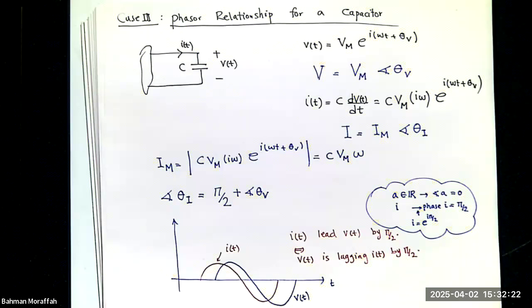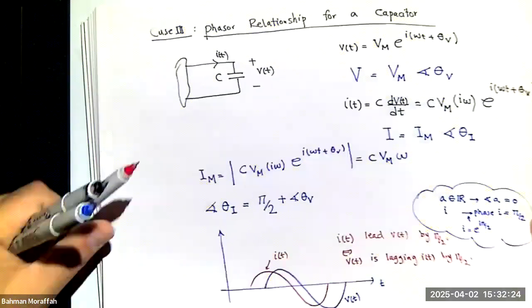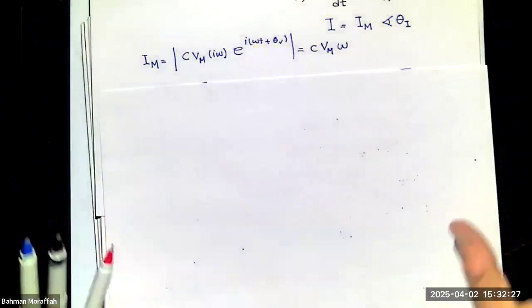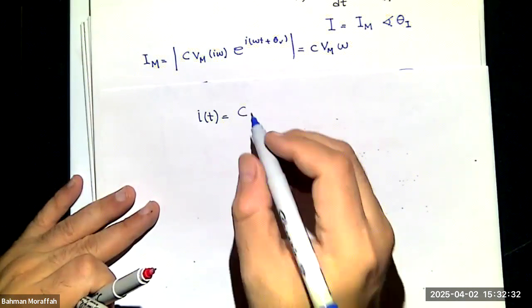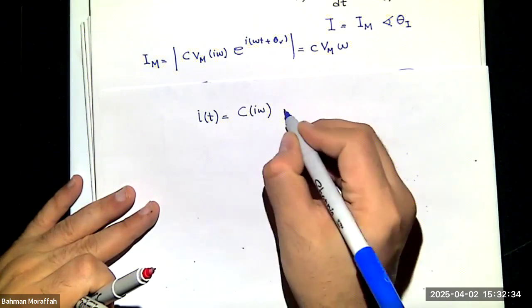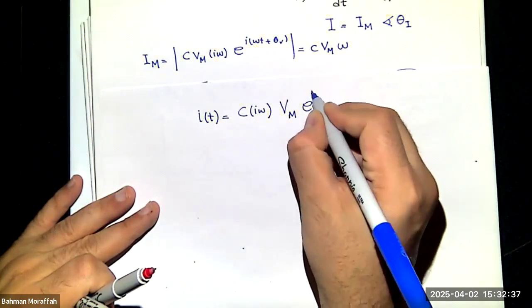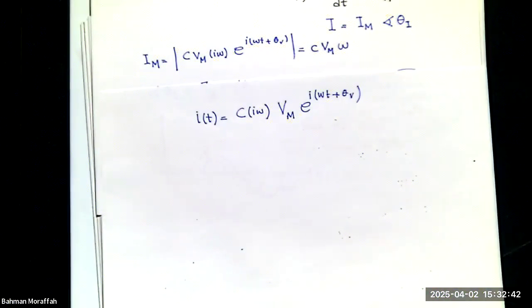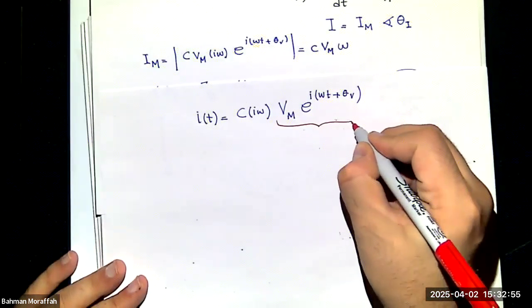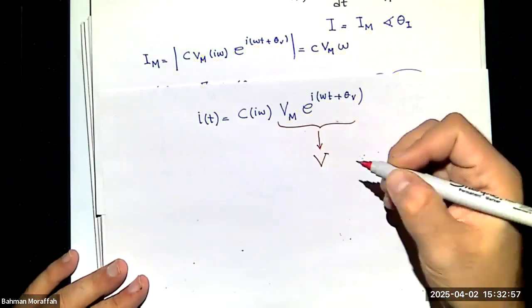Right. So let me quickly write down what we have. So I know i of t is C i omega Vm e to the i omega t plus theta. Do you agree I can replace this by the phasor representation V?